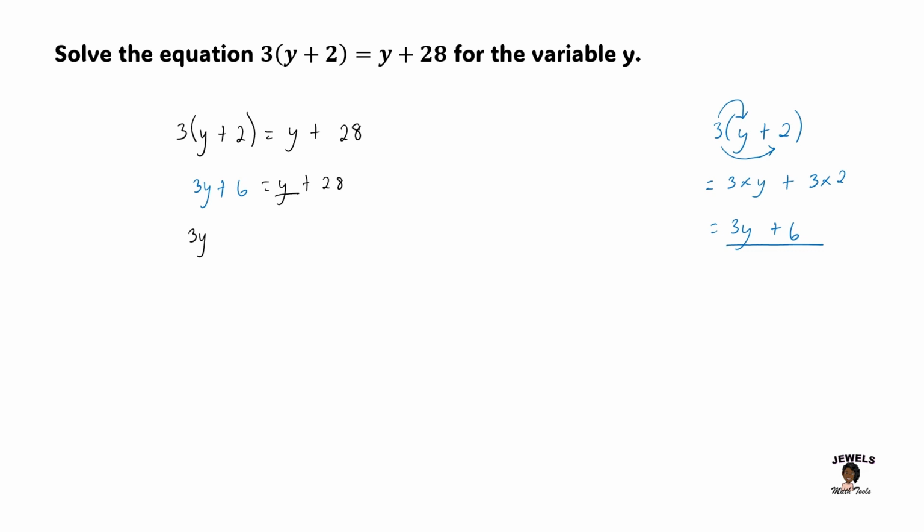And since this is positive, that means I'm going to be subtracting that on the opposite side of our equation. And once we've moved our y, we're going to return everything else back to the equation where it was. And now let's simplify the left-hand side of our equation. So 3y minus y is equal to 2y, returning my 6 and my 28.